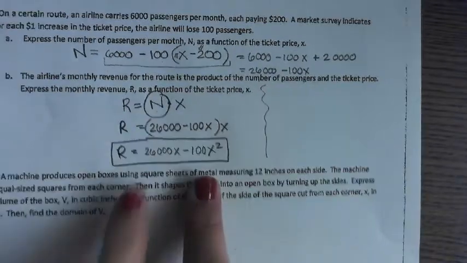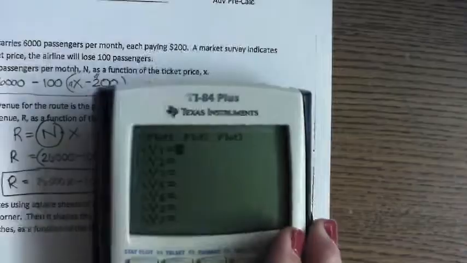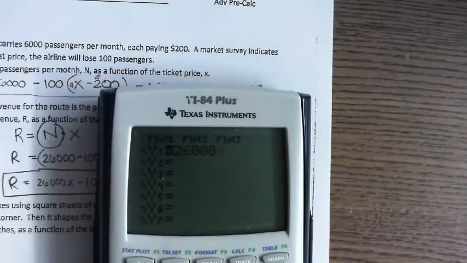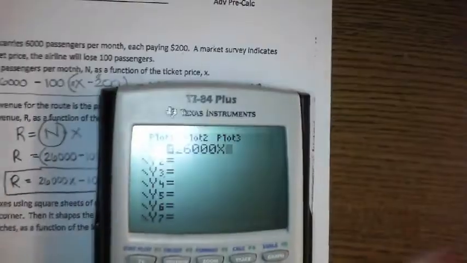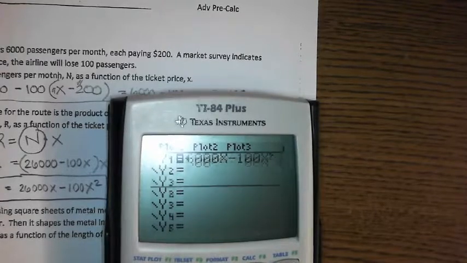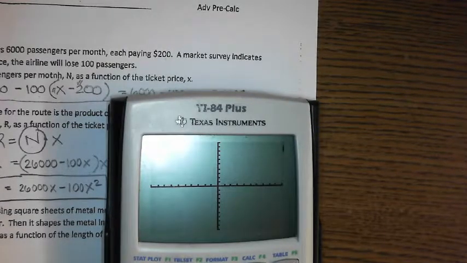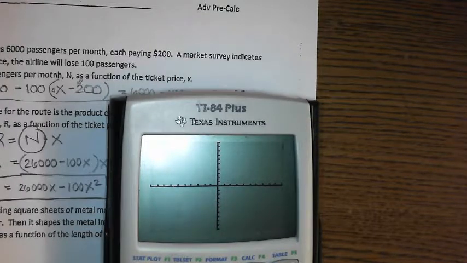If I look at this revenue equation and look at a graph of it. Let's see, you don't need to do this, just watch, just play along. But it's important that you understand what's actually happening here. So 26,000x minus 100x squared. And of course, if I have a standard window, I don't think I'm going to see much, right?